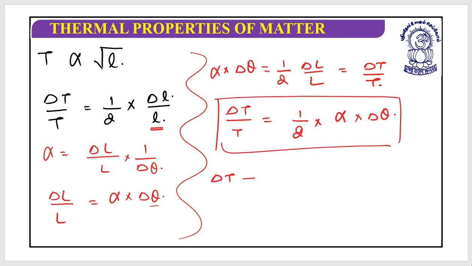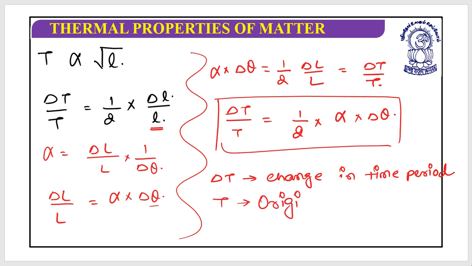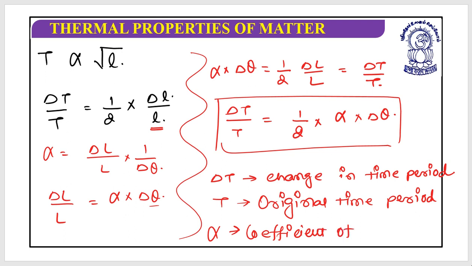This delta T is the change in time period. This T is the original time period, and this alpha is the coefficient of linear expansion of the material of the pendulum.